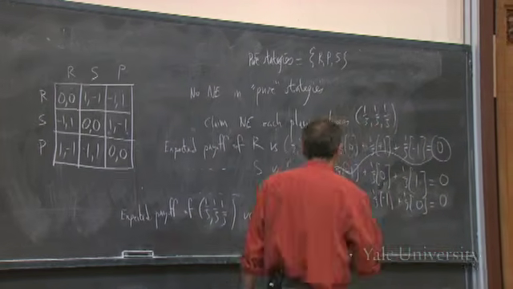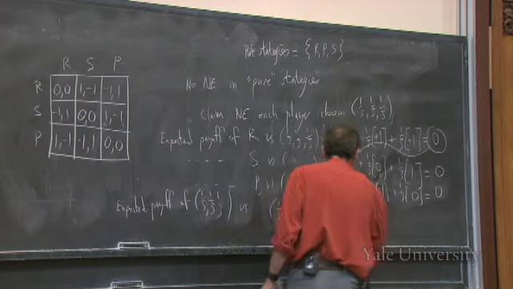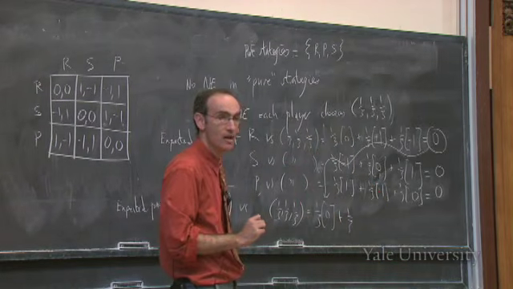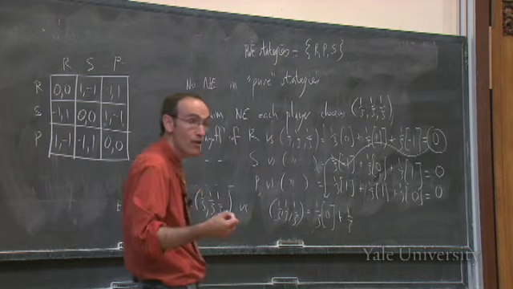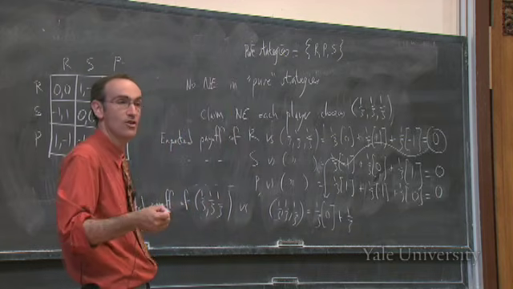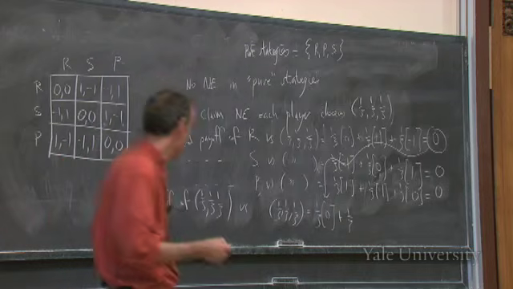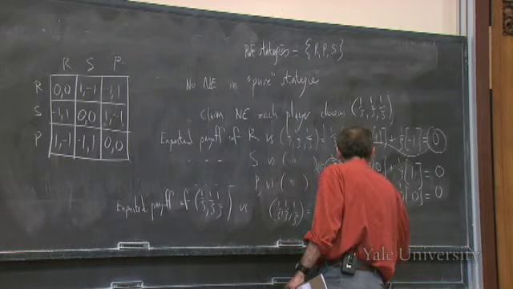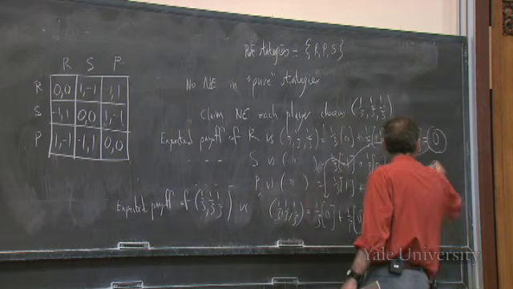And a third of the time, I'm going to be playing scissors. And then I'm going to get the expected payoff from scissors against a third, a third, a third. And what was the expected payoff of scissors against a third, a third, a third? 0 again. So a third of the time, I'll play scissors, and I'll get this 0.